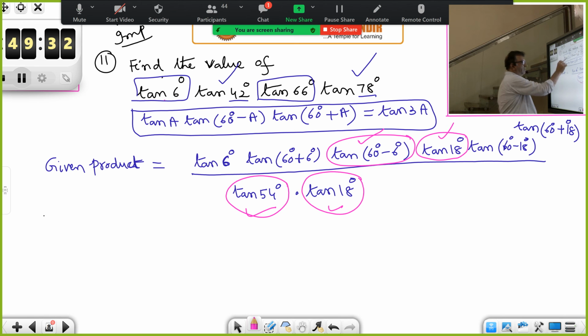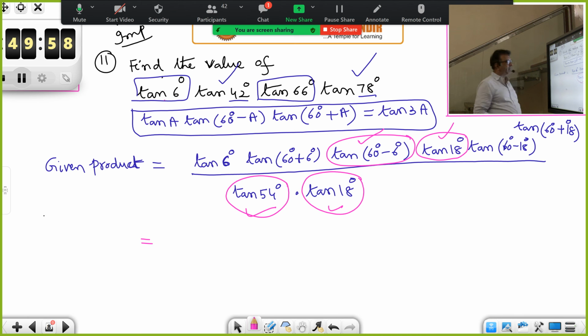Tan 66 is written as tan 60 plus 6. Next, tan 42 is written as tan 60 minus 18 here. And tan 78 is written as tan 60 plus 18.